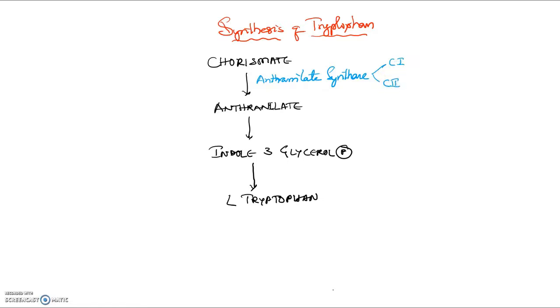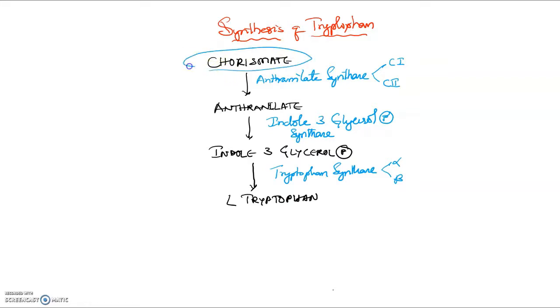Next, indole 3-glycerol phosphate synthase, and finally tryptophan synthase. Now tryptophan synthase has 2 subunits, alpha and beta subunit. Okay, so this is the pathway. From chorismate, L-tryptophan is synthesized.